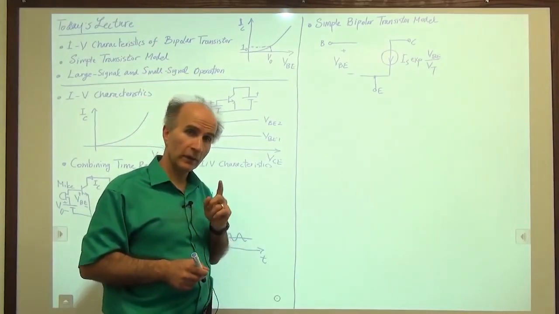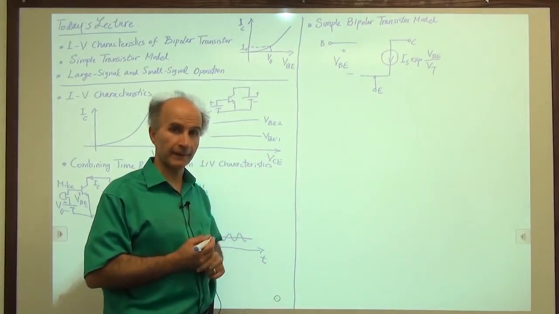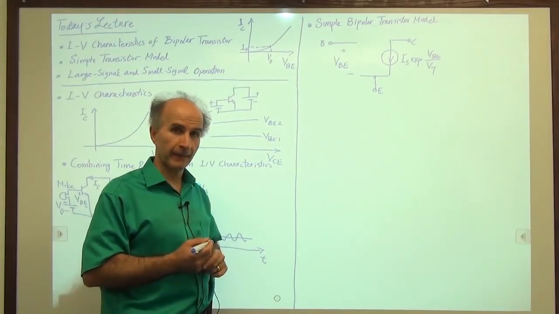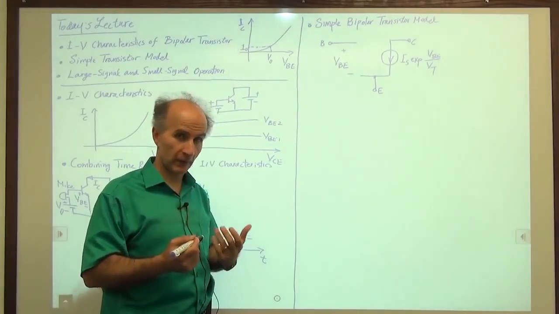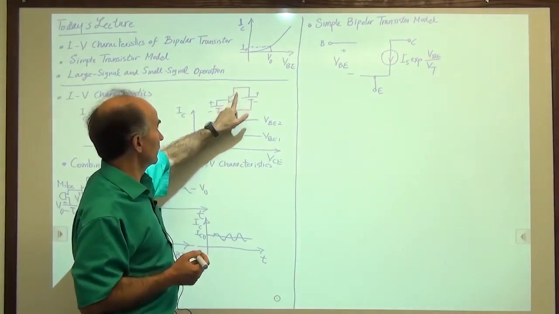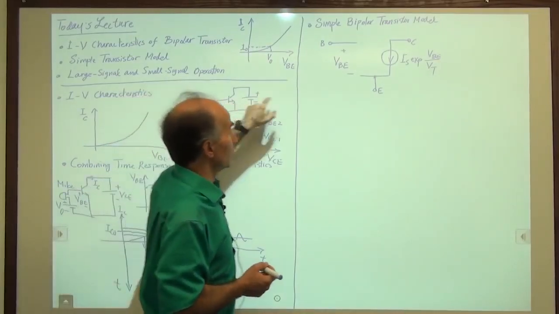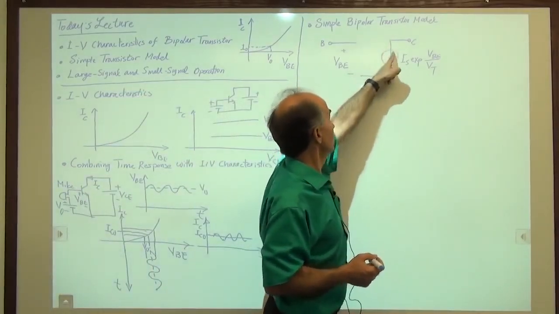Why did I draw the current source from the collector to the emitter? Well, we know it has to come from the collector because the collector is drawing that current, right? But should it be between the collector and the emitter or the collector and the base? Should I draw this current source this way instead of this way?